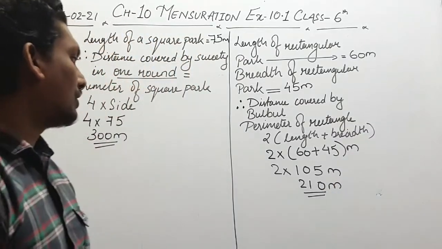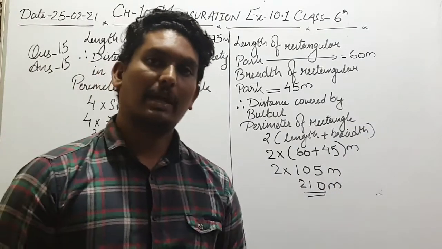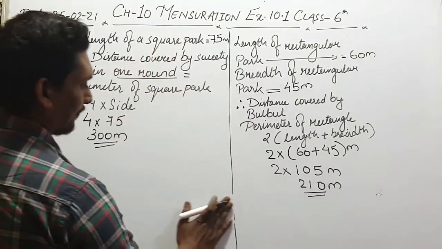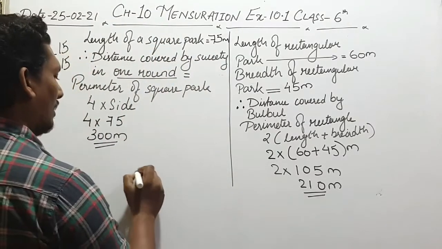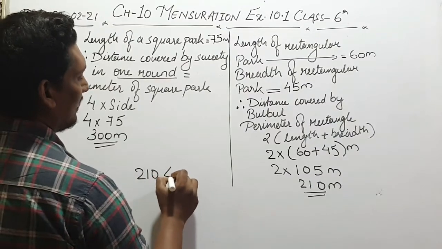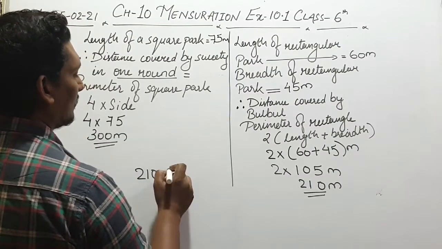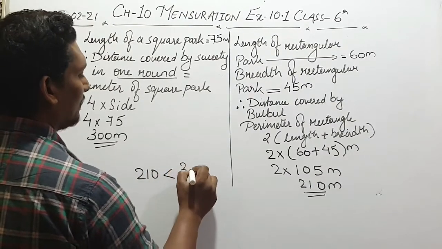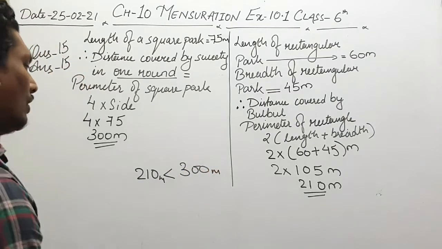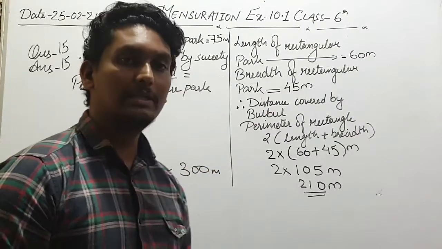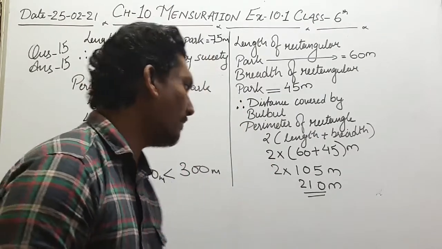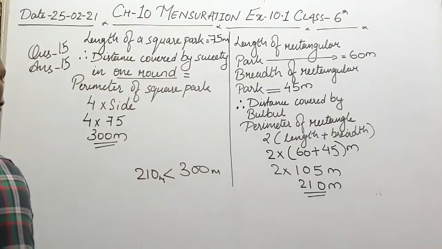210 meter. So in the last part of the question, it is given who covers the less distance. And if you see, 210 is less as compared to 300 meter. So who covers the less distance here? So Bulbul covers the less distance as compared to Sweetie.